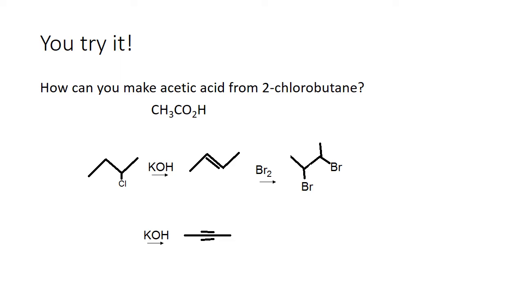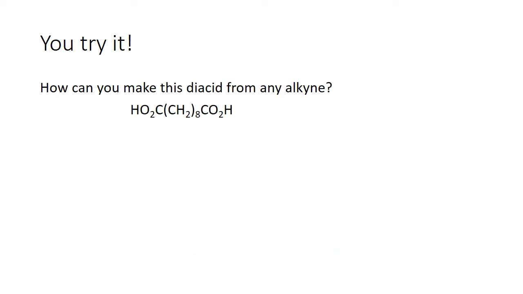Here, this is 2-butyne. It can then be cleaved with ozone or potassium permanganate and acid to give you acetic acid. Notice, because this is 4 carbons and we cleave down the center, you would make acetic acid from this side and you would make acetic acid from this side. So for every 1 butyne, you would make 2 acetic acid.